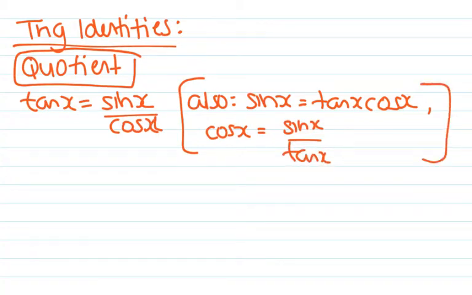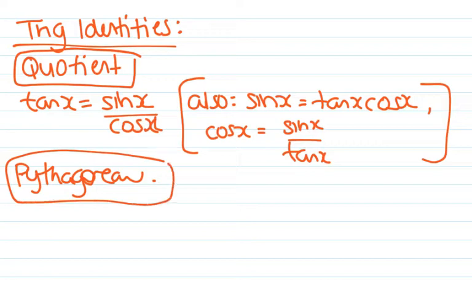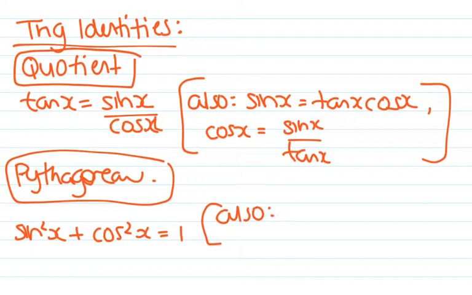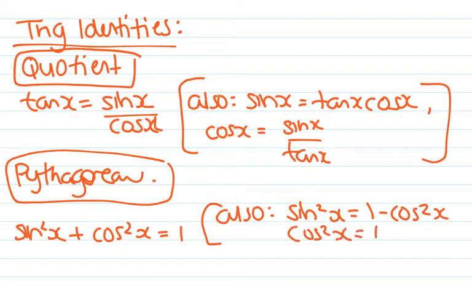And then the Pythagorean identity says sine squared x plus cos squared x equals 1. That can be rearranged to be sine squared x equals 1 minus cos squared x, or cos squared x equals 1 minus sine squared x.